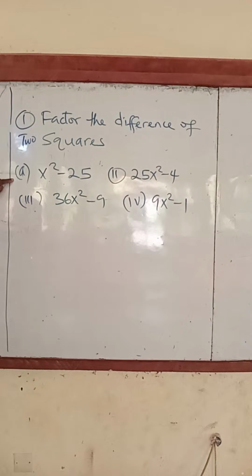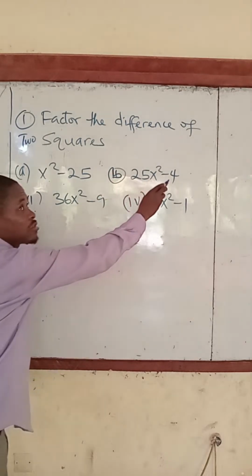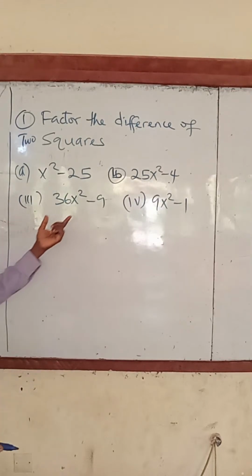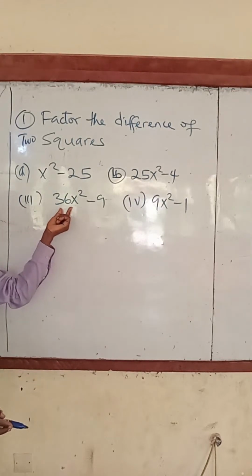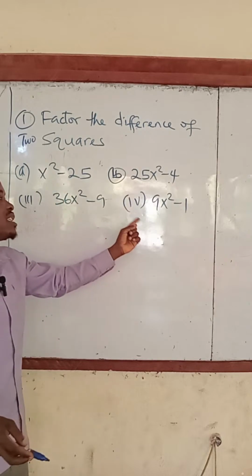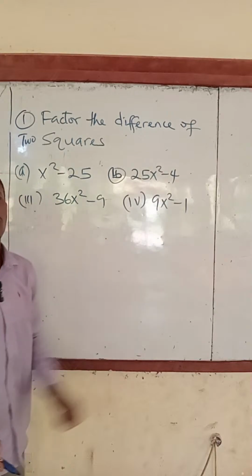We have the first one, the A part, x squared minus 25. The B part is 25x squared minus 4. The C part, or the third one, is 36x squared minus 9. The fourth one is 9x squared minus 1.